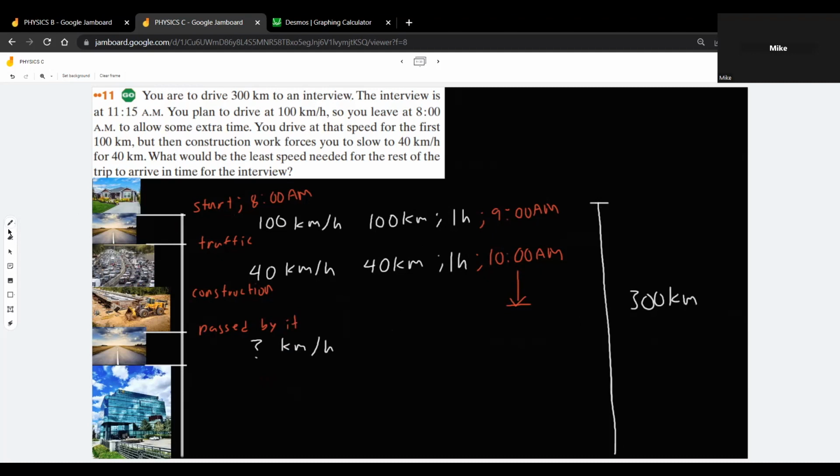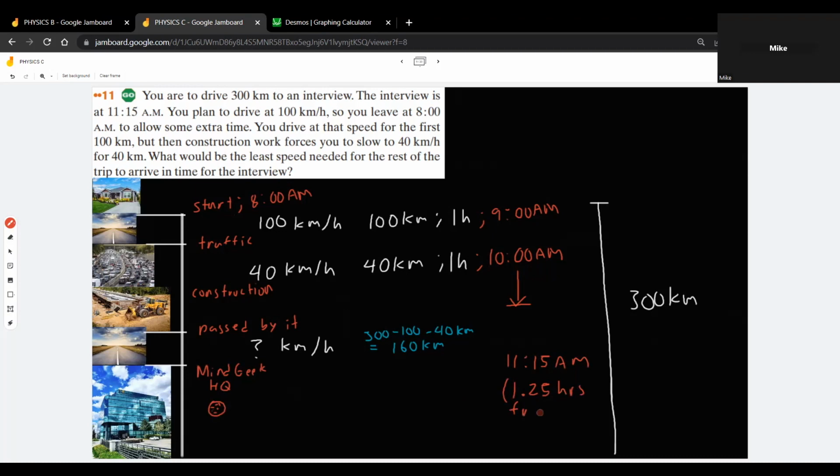Tapos you have to get to 300 in... forces you to slow down.